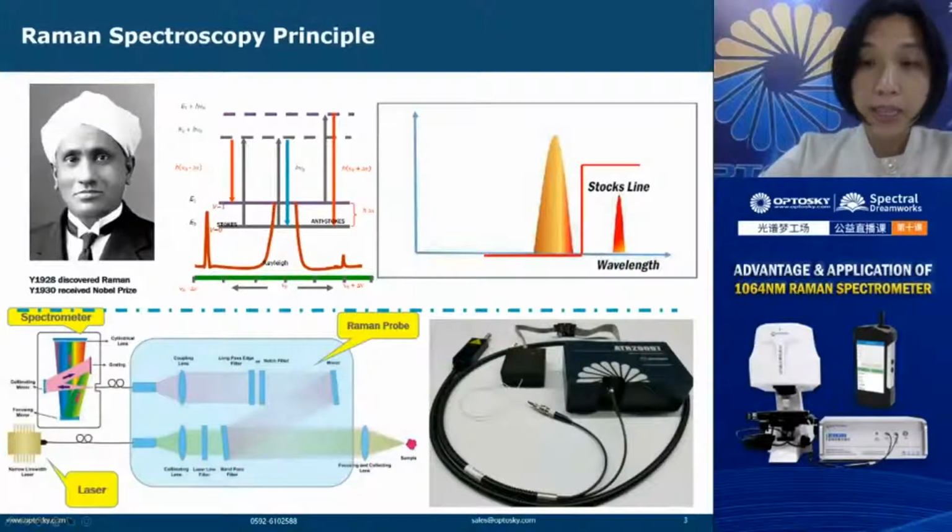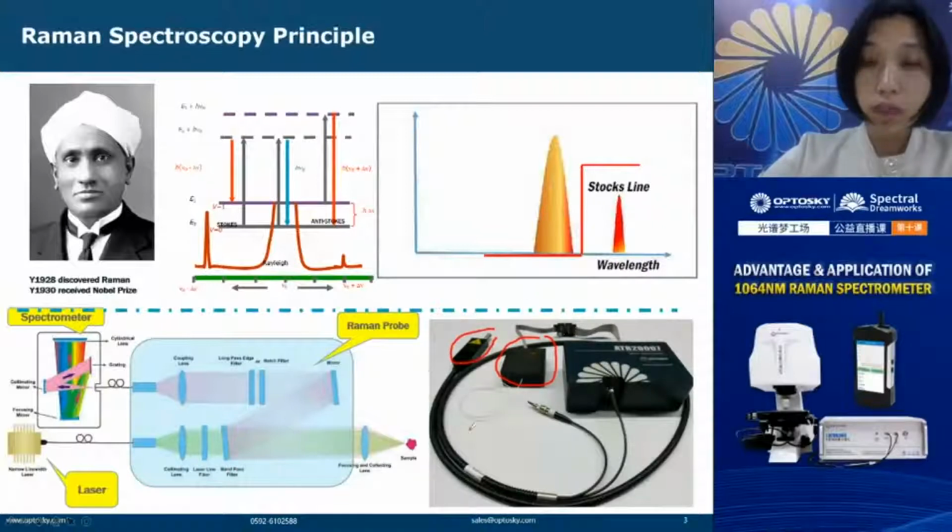So you can see from here the classical components of the Raman spectrometers. They are the spectrometer, secondly the laser, and thirdly the probe.